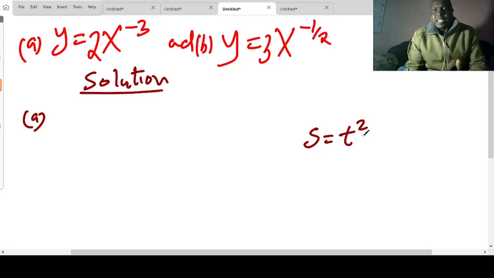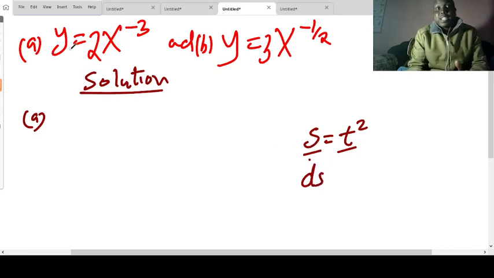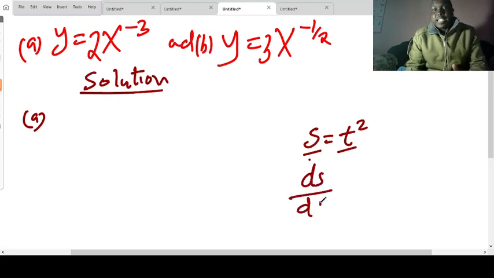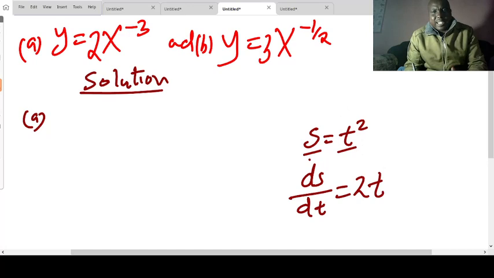If we are differentiating this one, we are differentiating s with respect to t. So we are going to say ds over dt is equal to 2t. So what I'm saying is, it depends what you are given on the left side and the right side.